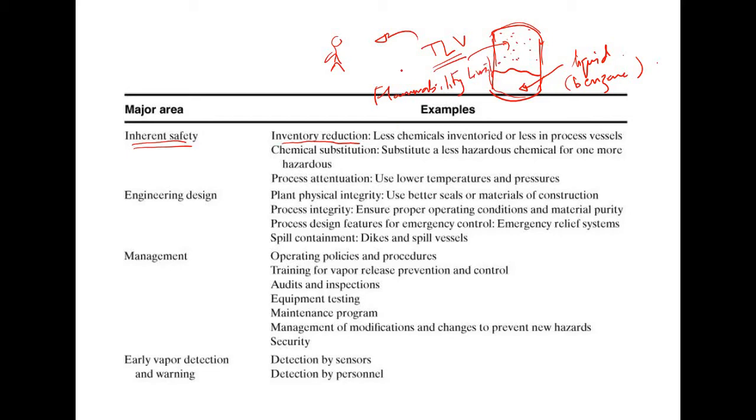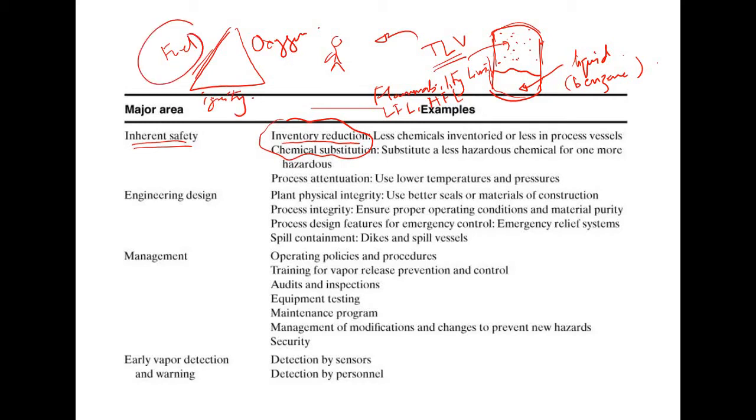So here we're talking about a lower flammability limit and an upper flammability limit, and we're going to take all that soon. Here we are trying to reduce the inventory, which could address one of the sides of that triangle, right? If we have fuel, we have oxygen, and of course we have the ignition source.